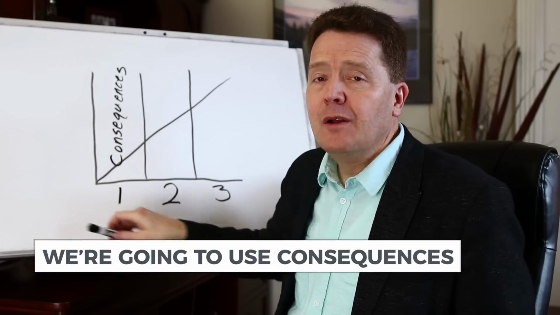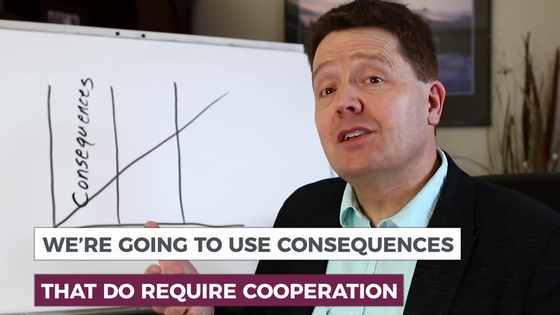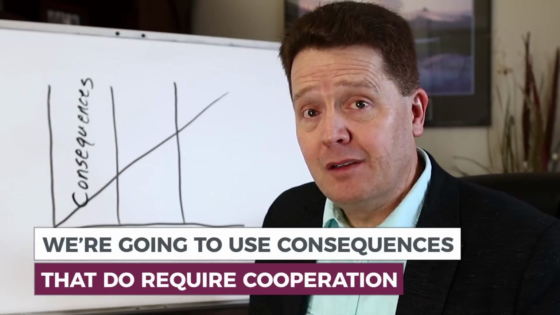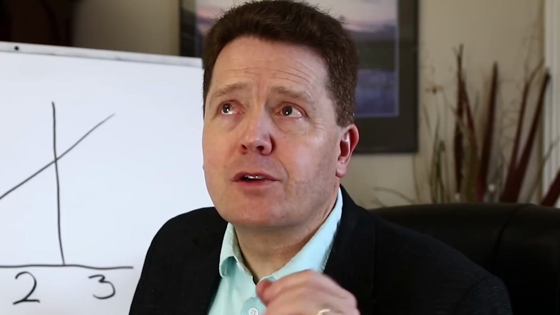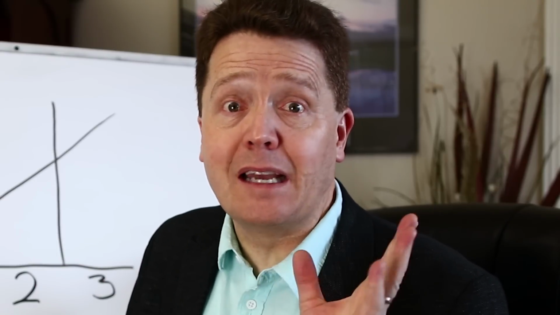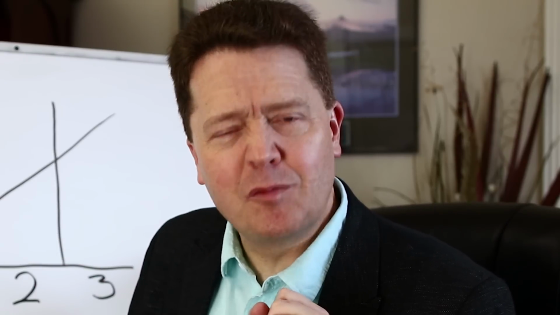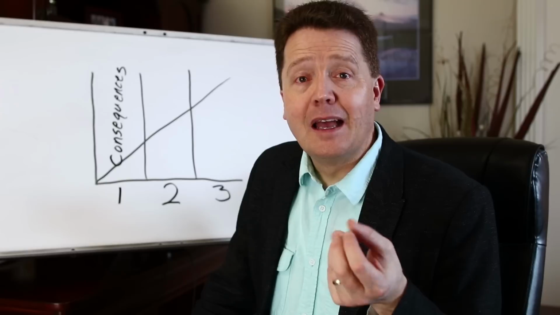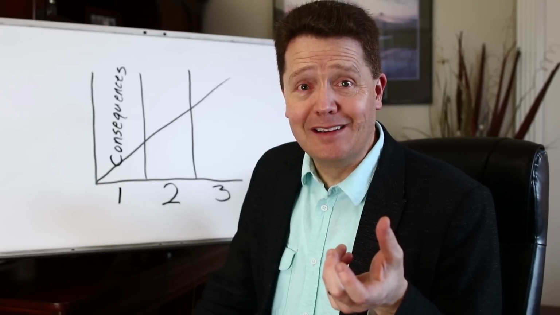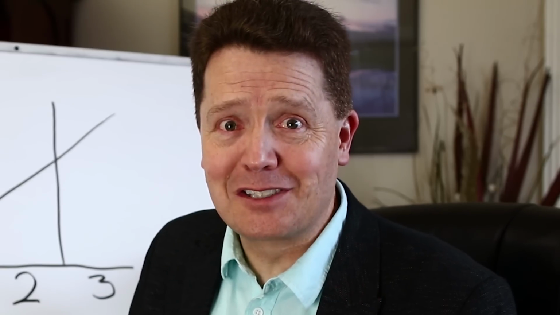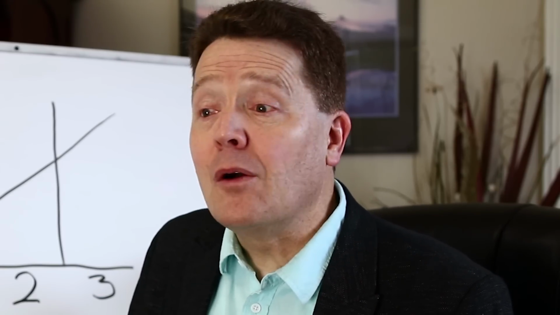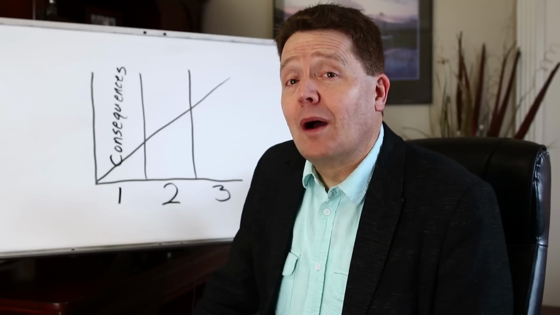Stage 2, we're going to use consequences that do require cooperation. Okay, example. For an older child, you can have them write an essay, for example, about some topic that you're wanting them to learn about as a result of what got you into this disciplinary action in the first place, right? Now, writing an essay requires cooperation.